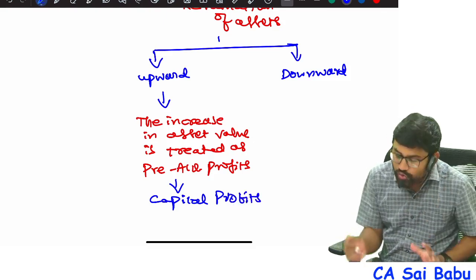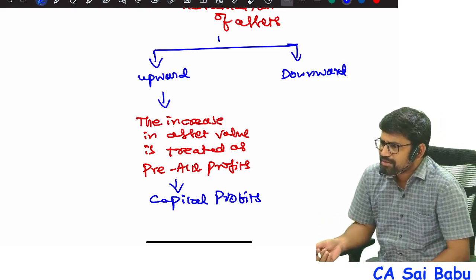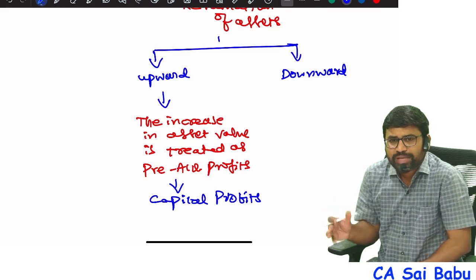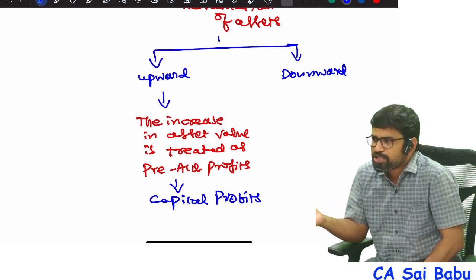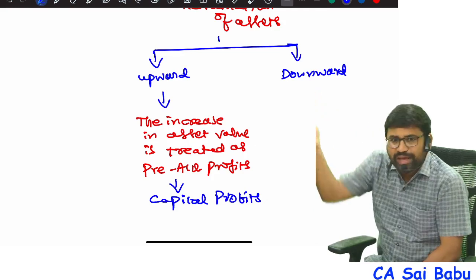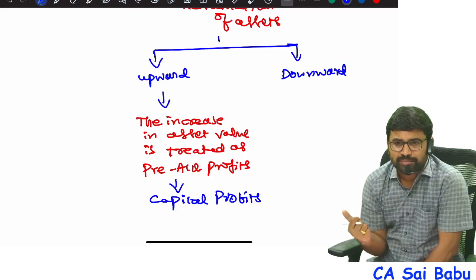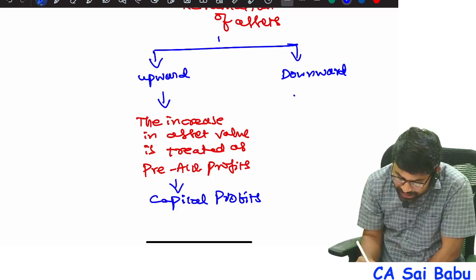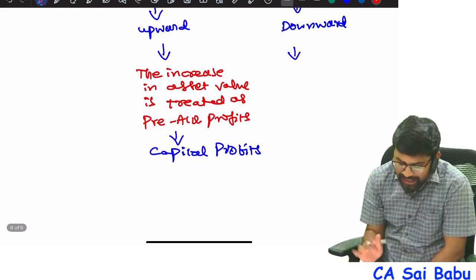Sir, downward revaluation may also happen. Parent company decreases the asset value of subsidiary company. Possible? Maybe in the subsidiary company any asset is overvalued. Now, parent company decreases the asset value of subsidiary company. If there is a downward revaluation, same treatment.